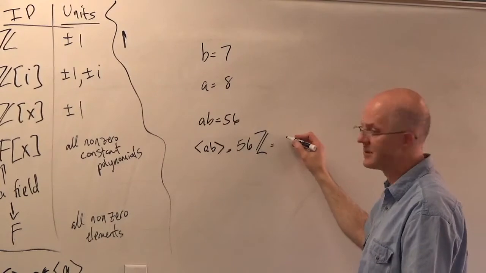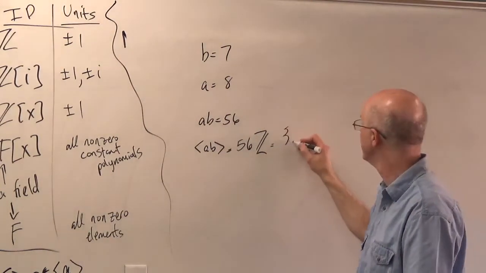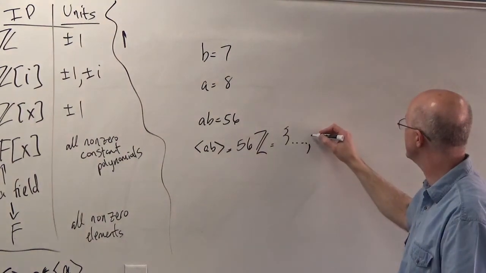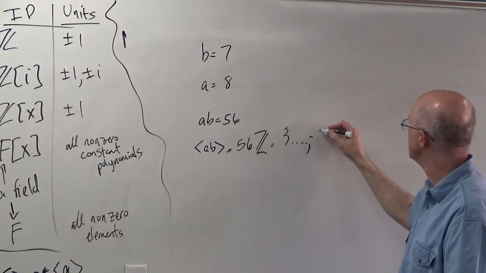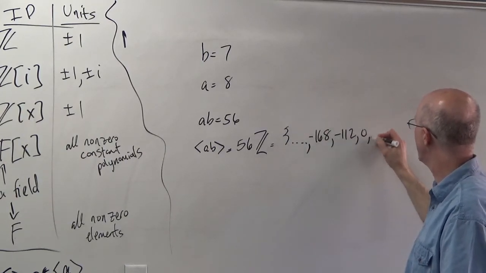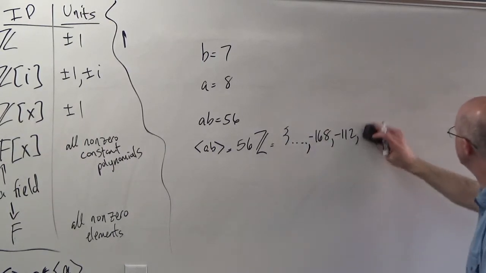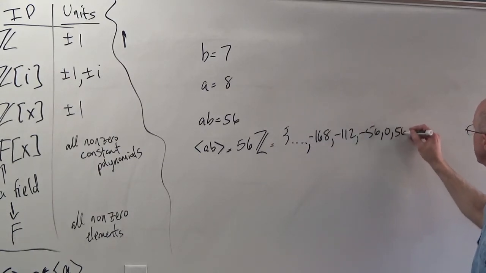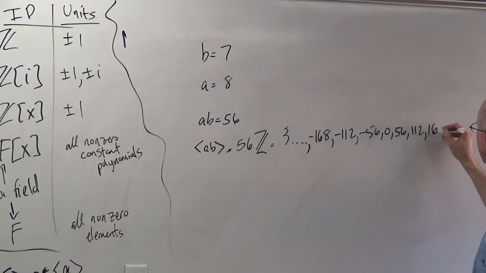It's going to be all integer multiples of 56 in there. So what would that include? For example, negative 168, negative 112, negative 56, 0, 56, 112, 168, etc.